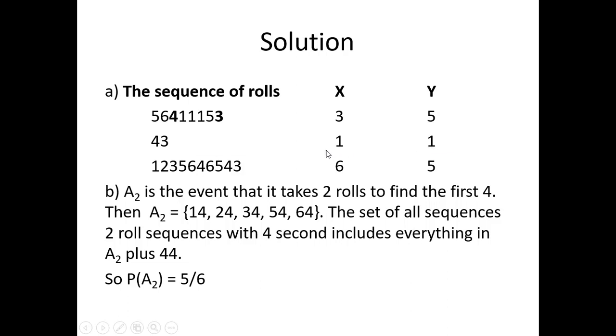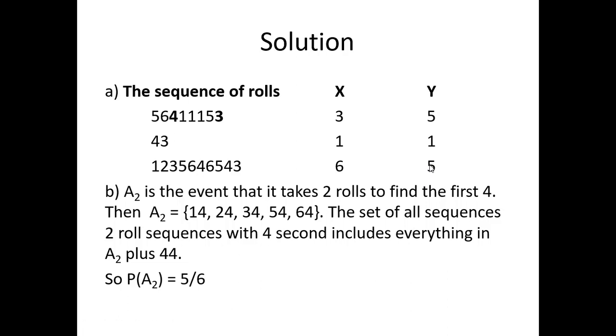And then in this case here, the first 4 occurs after 6 rolls, and then after that, the first 3 takes 1, 2, 3, 4 rolls. Aha! Always something. Should this be a 5? No, that should be a 4. Somewhere I think I lost a digit, but that's okay. So this should be a 4.